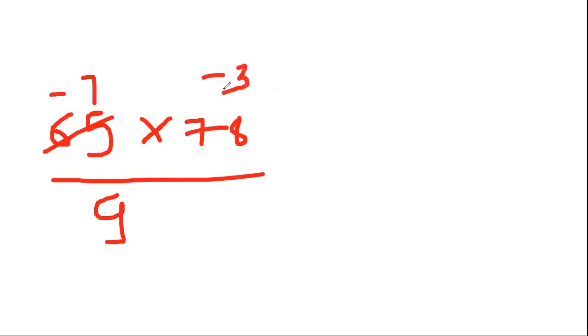Now when you multiply minus 7 into minus 3, the number coming is 21. But since it's 21, this remainder can never be greater than 9, so we have to further divide it by 9. When you divide it by 9, 9 twos are 18 and the remainder is plus 3.